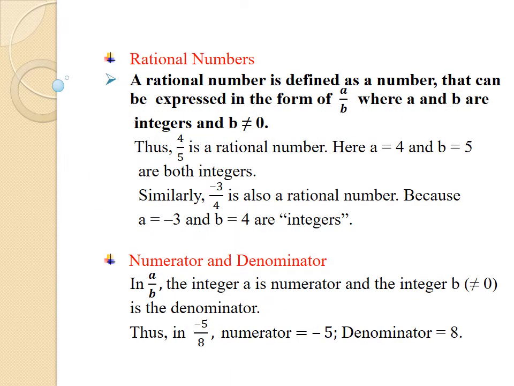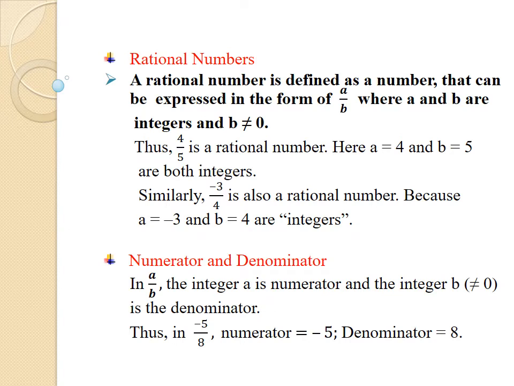Rational numbers. A rational number is defined as a number that can be expressed in the form of a upon b, where a and b are integers and b is not equal to 0. Thus, 4 upon 5 is a rational number.